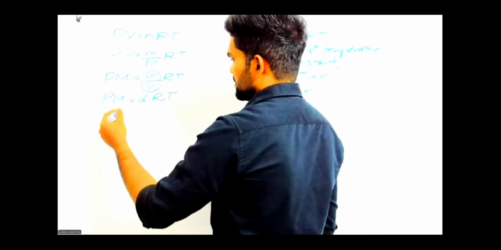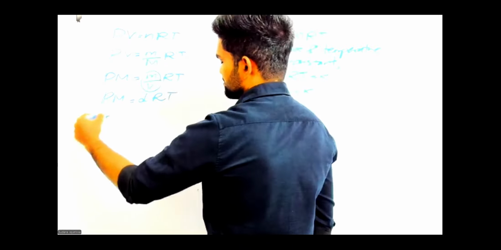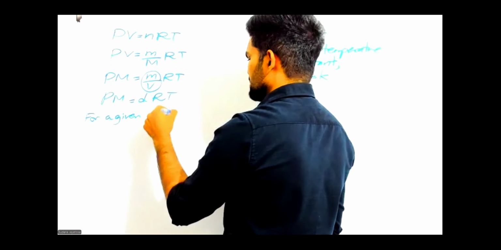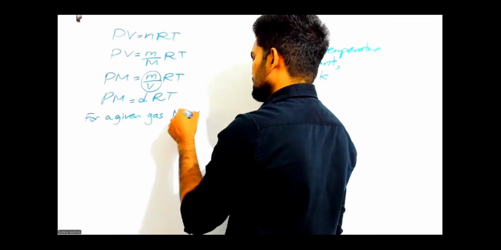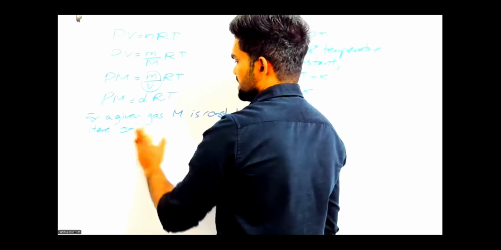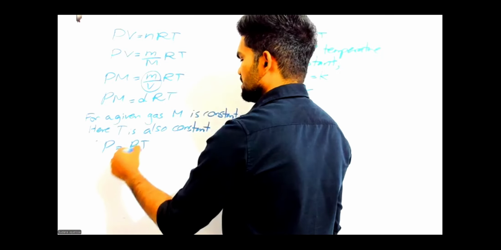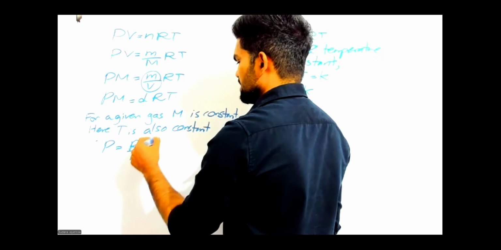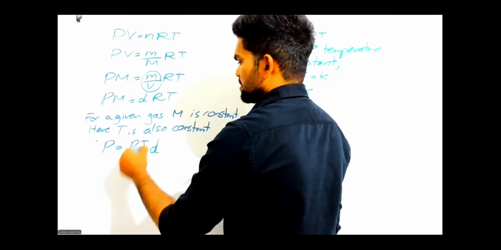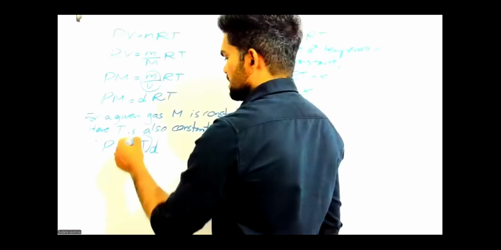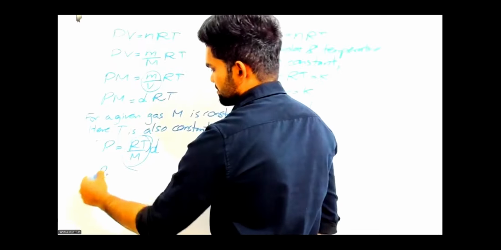Okay. So then you can say for a given gas, capital M is constant. Here temperature is also constant. Say P equals RT over capital M times d. So RT over capital M is constant.